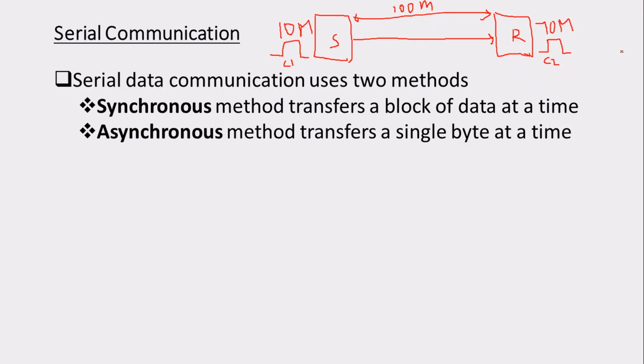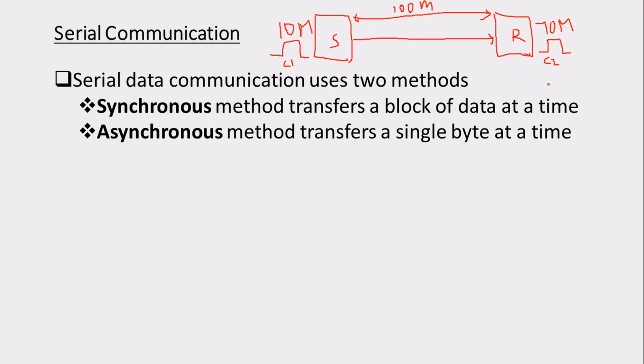If you look at this particular clock, this is a lower clock frequency, whereas this is a higher clock frequency. So the clocks of the sender end and the receiver end are different, and hence they are asynchronous in nature.